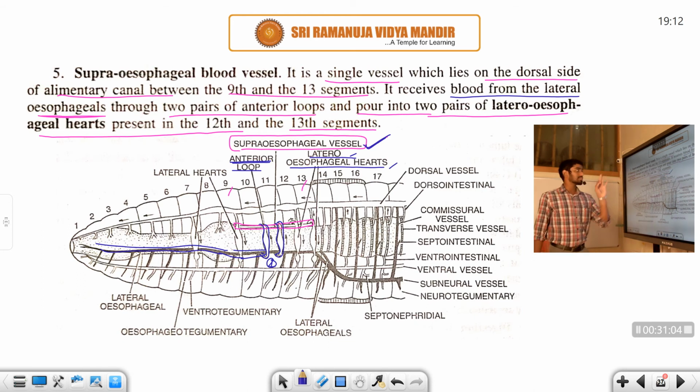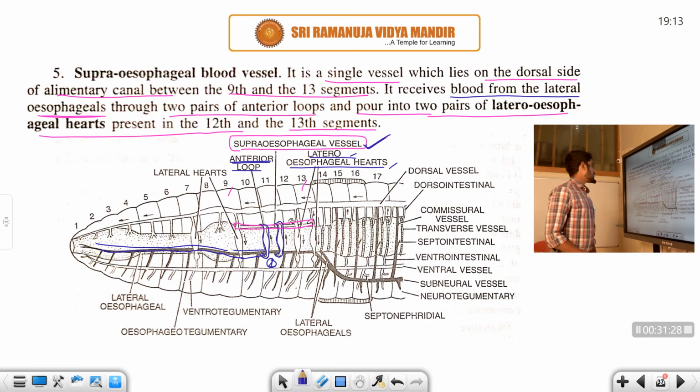So this supraesophageal blood vessel connects three parts: first is the anterior loop, second is the lateroesophageal blood vessel, third is the lateroesophageal heart. This is a very, very important point. Everything is connected to each other, students, right?